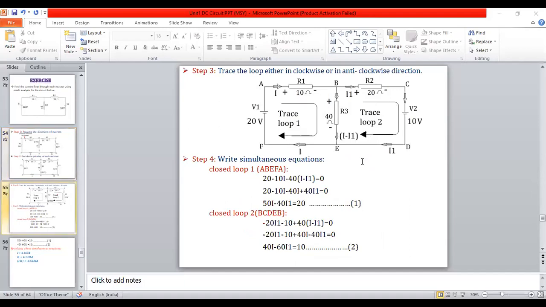Take this diagram and write that one as it is. Roll number 6.